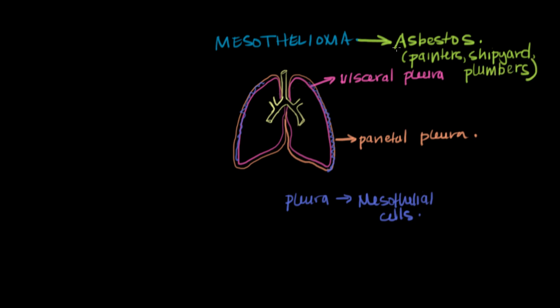So plumbers can also become exposed to asbestos. And something, unfortunately, to keep in mind about mesothelioma is that it has a very high associated mortality. Okay? And so those are two types of occupational lung diseases. And now we'll consider some other types.